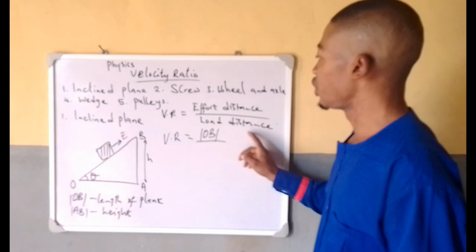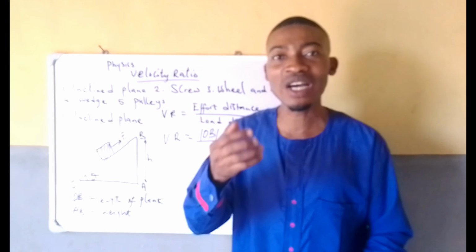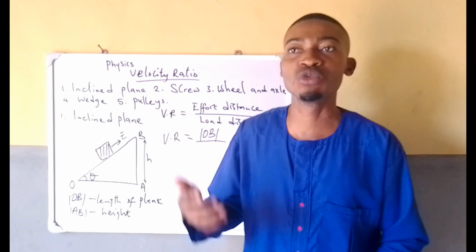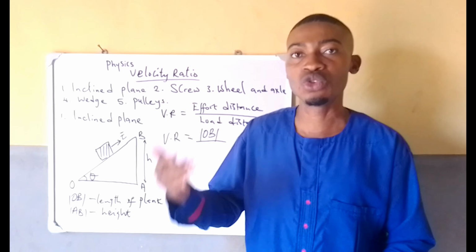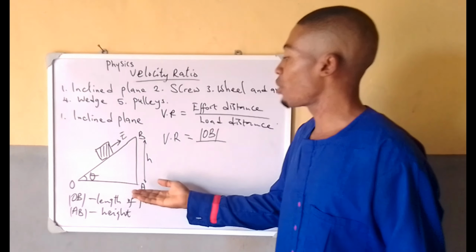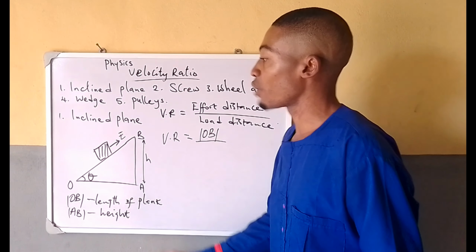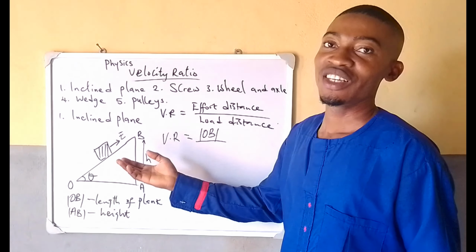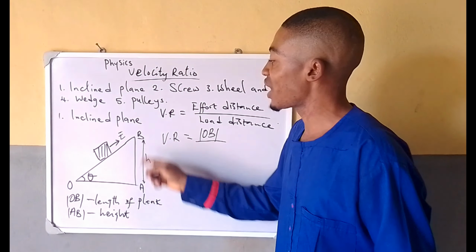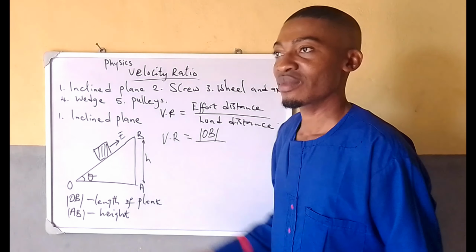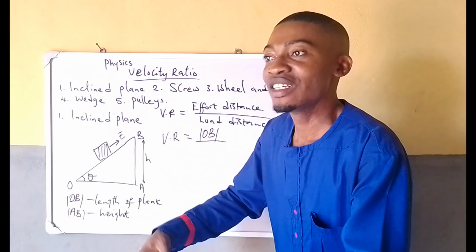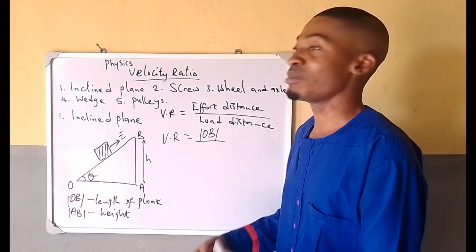divided by load distance. What is the actual distance that the load is expected to move? The actual distance is from the ground to the base of the lorry. So the actual distance the load is meant to cover is the height, because that is the intended distance the object is meant to move.